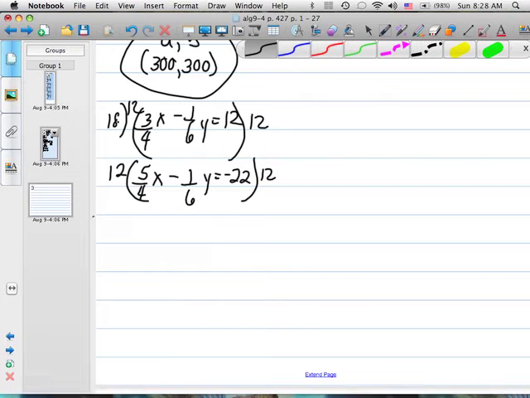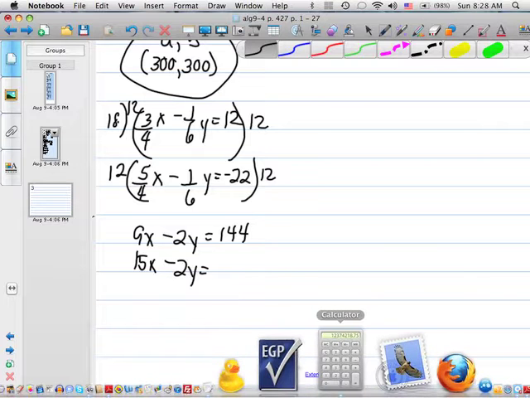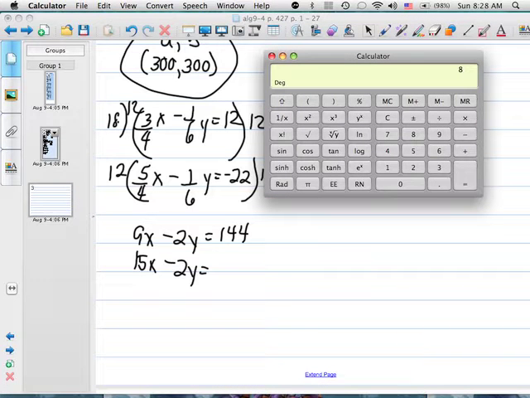So I now have 9x minus 2y equals 144. And this would be 15x minus 2y equals 22 times 12, which would be 264.